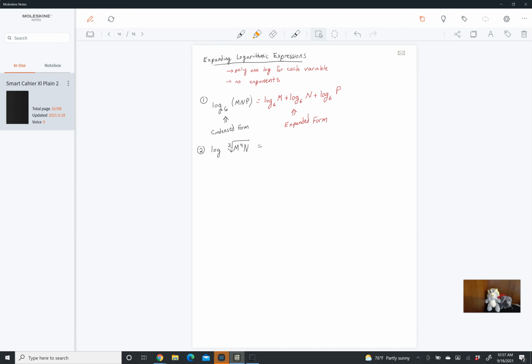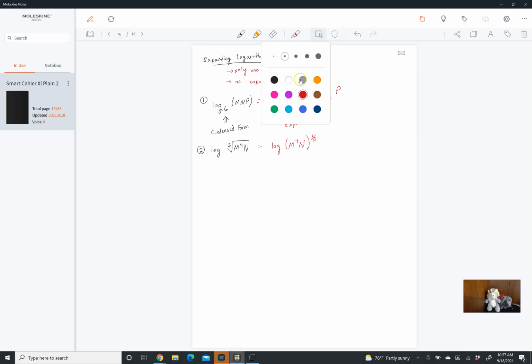But when you see cube root, you can switch this to a power. This is the same thing as m to the 4th times n to the 1/3 power.